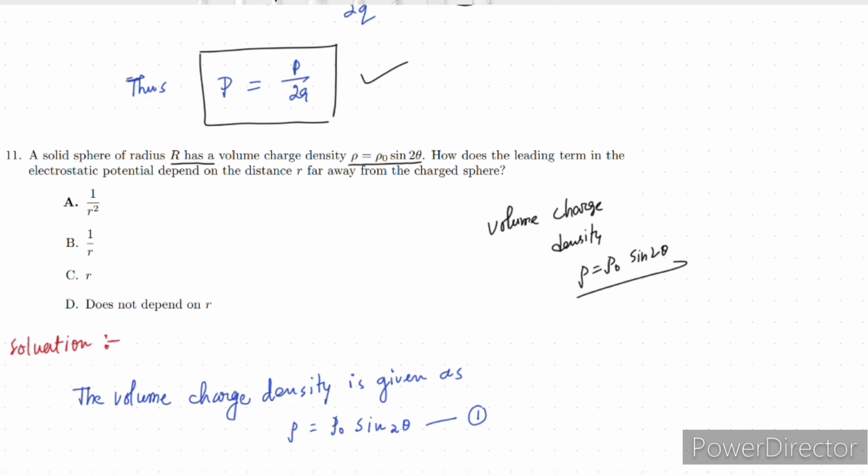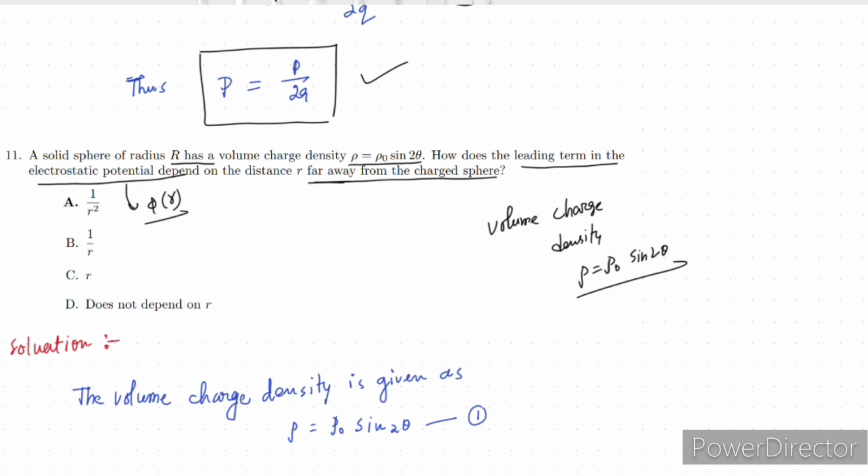How does the leading term in the electrostatic potential depend on the distance r, far away from the charged sphere?